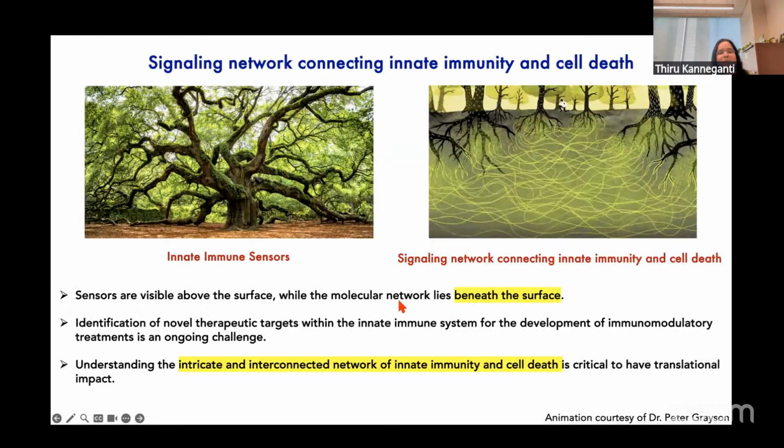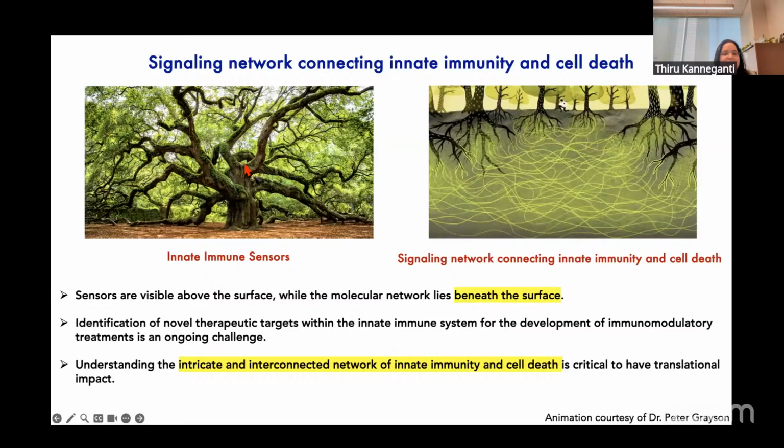And also, we all like very simple models, right? An innate immune sensor binding to a ligand and driving one pathway makes sense to us. So if we complicate anything, nobody appreciates it anymore. But whoever doesn't appreciate it has to think in depth about this network.